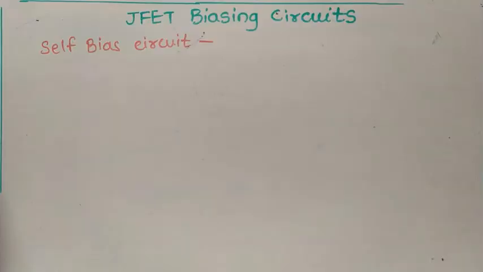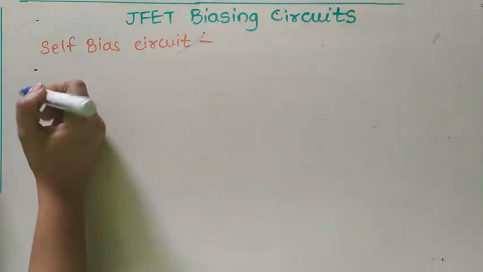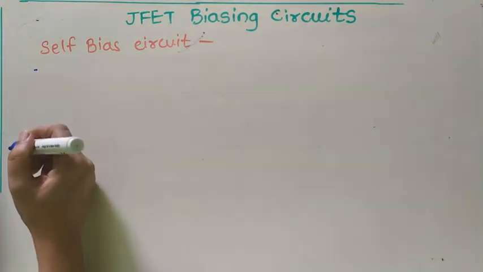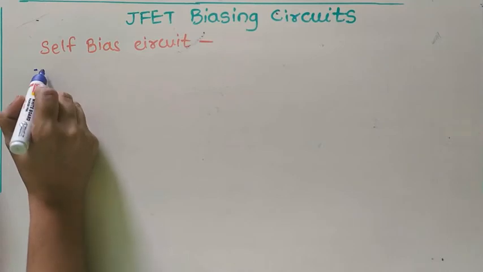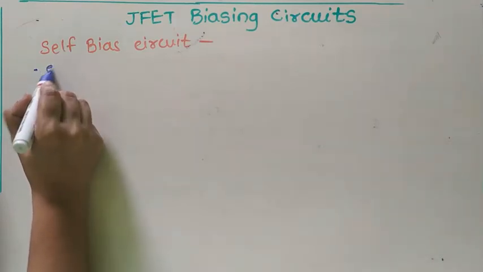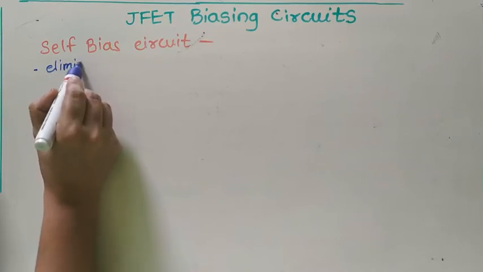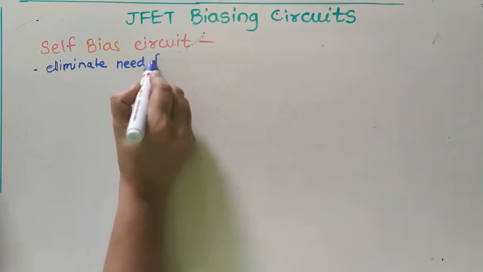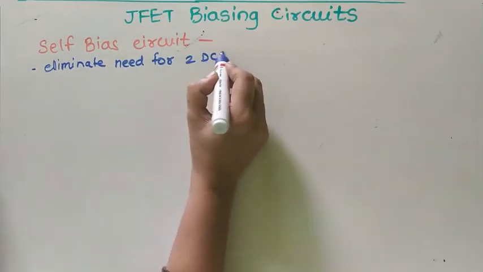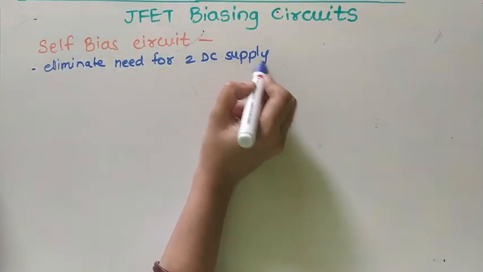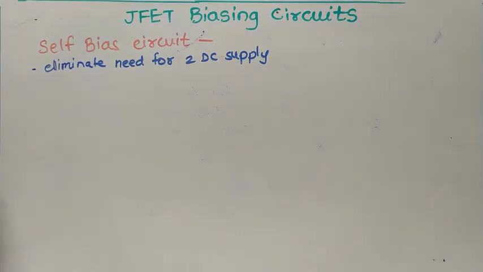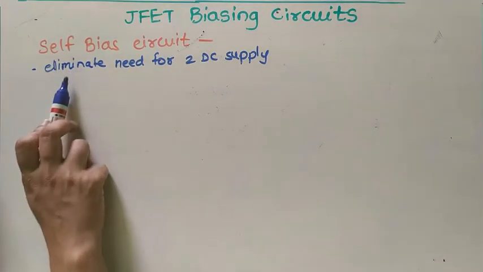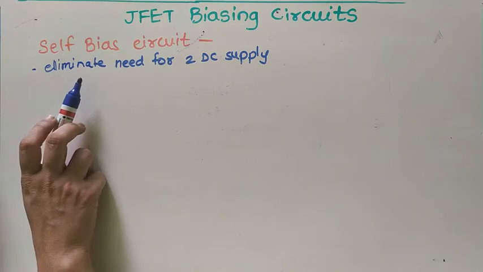So in case of self bias circuit, we require only one DC supply, so it eliminates the need for two DC supplies. In fixed bias circuit we require two DC supplies, but in self bias circuit only one DC supply is sufficient.